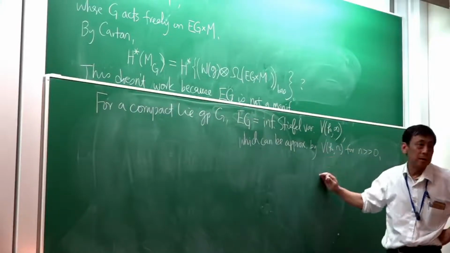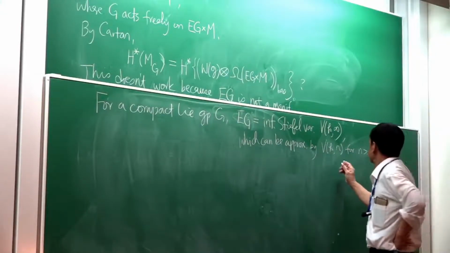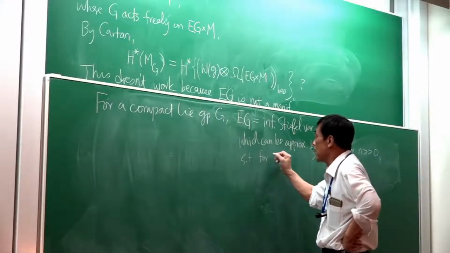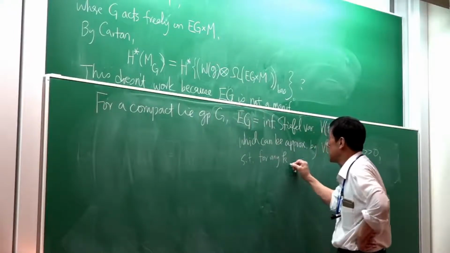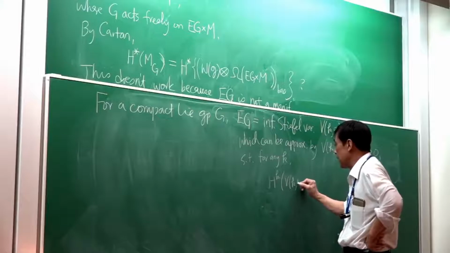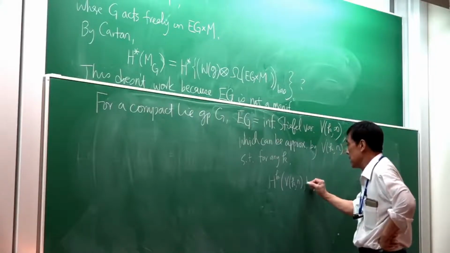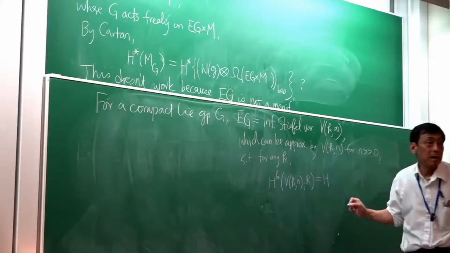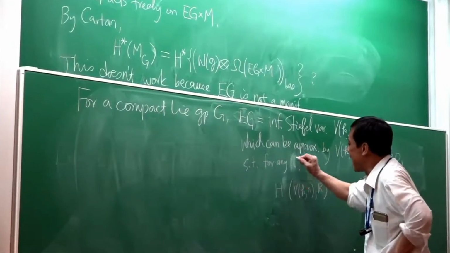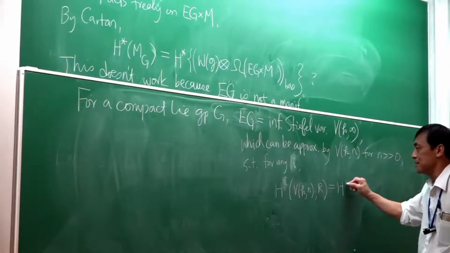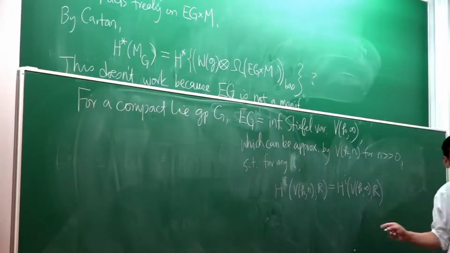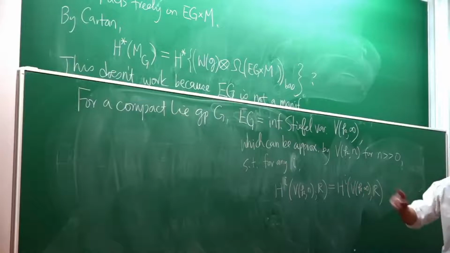Now, by approximation, what we mean is that they have the same cohomology, such that for any i, the ith cohomology of V_k,n and V_k infinity are the same if n is large.